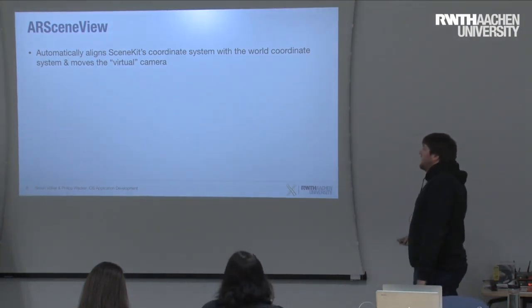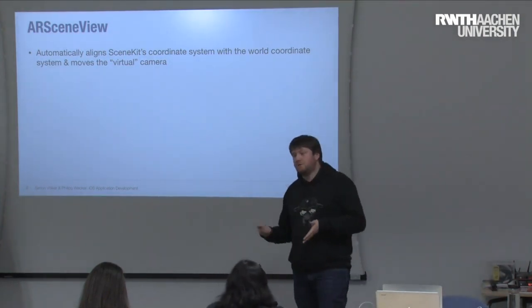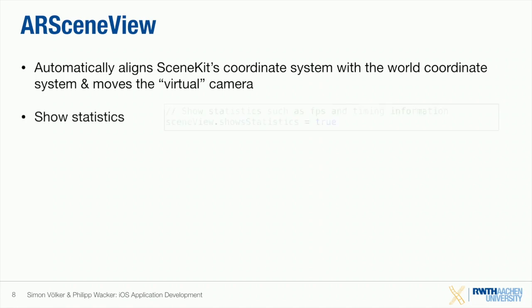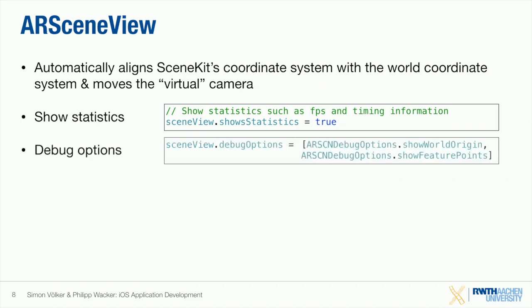So you can directly use that information. And the scene view also offers a couple of helpful options that you can enable. First, you can show basic statistics about the frame rate it's updating at, how many feature points have been detected, stuff like that. Or you can enable more debug options, like showing the origin, so that you can see how your objects are placed in relation to it.